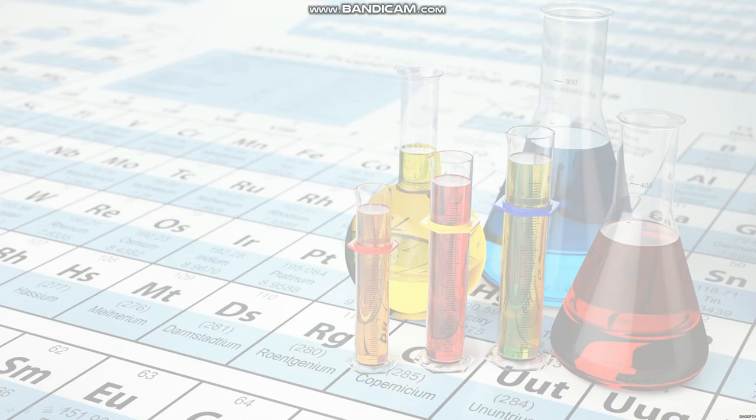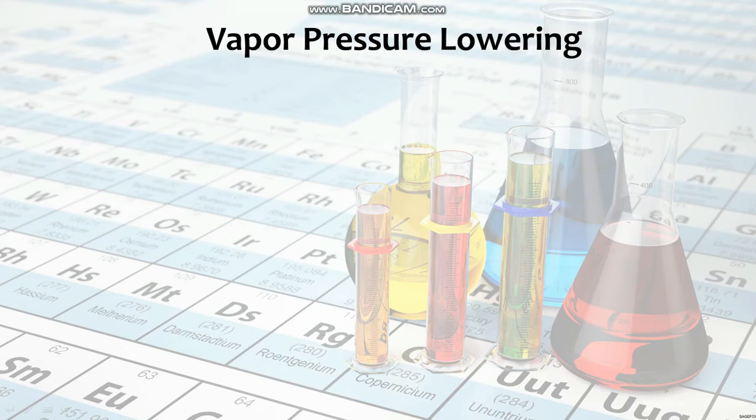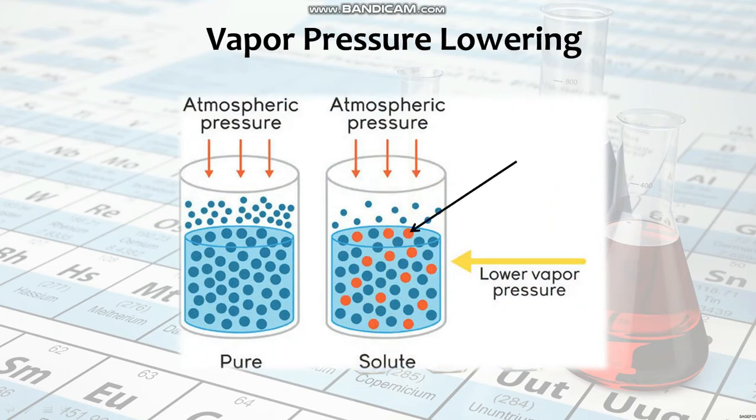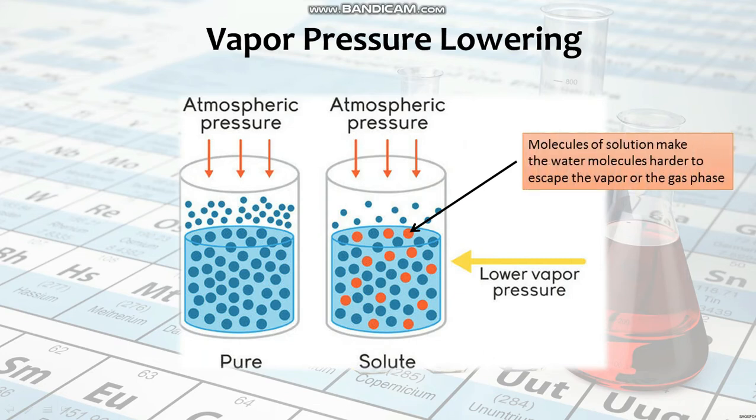So when you add salt to the water, it's harder for water molecules to escape into the gas phase, so the vapor pressure of the solution is always less than that of the pure solvent. The solute molecules make it harder for the water molecules to escape into the gas phase.